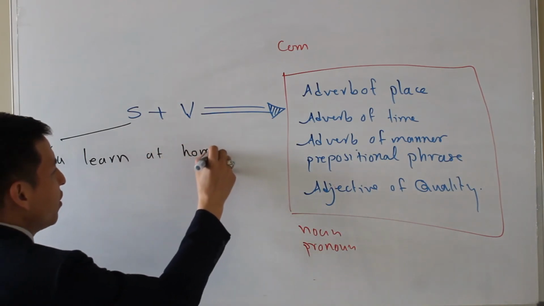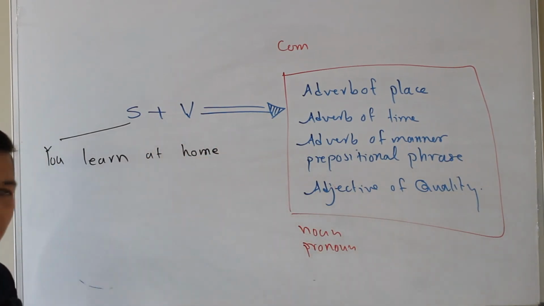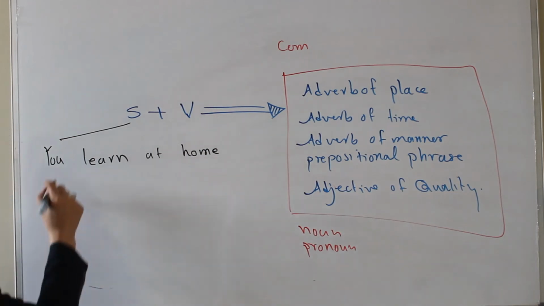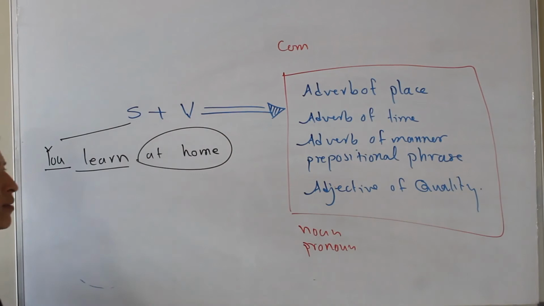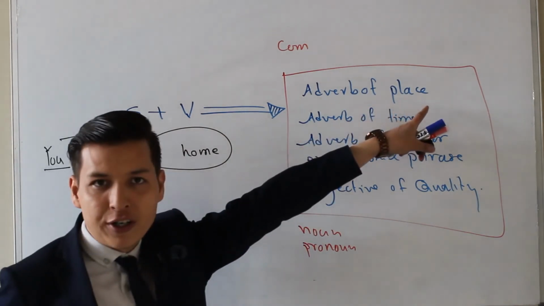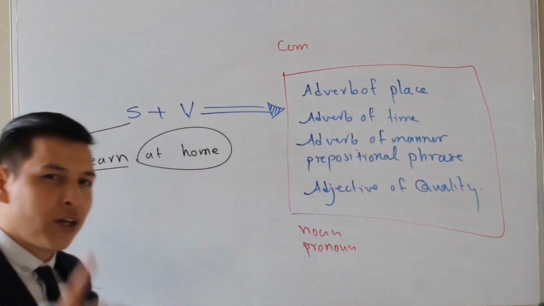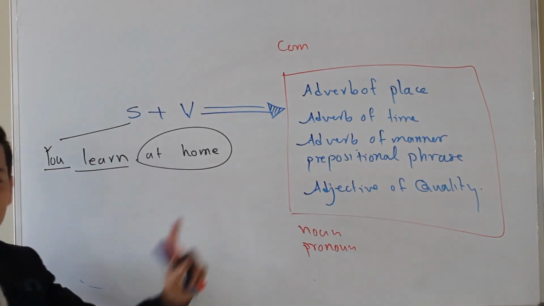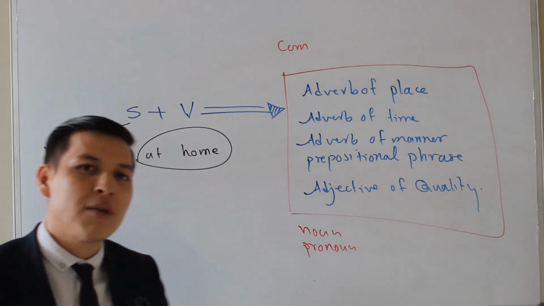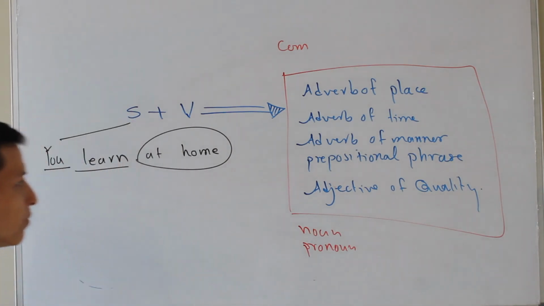You learn where? At home. Here we have you as the subject, learn is the verb, and at home is the place where you learn. So here you should not say we have subject plus verb plus object. Here we do not have any object, we have a complement. So that is the first one.